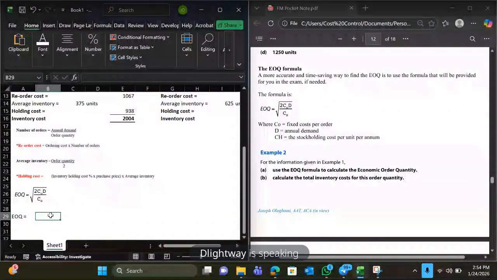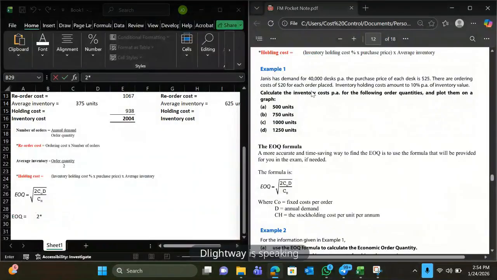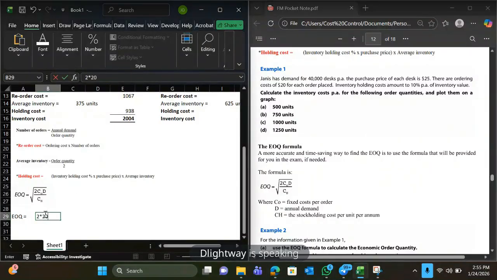So it's going to be 2 multiplied by your CO, that's your ordering cost per unit. Let's go back to the question. We're told that there are ordering costs of $20. So it's going to be 20 times D. D is our annual demand. It is 40,000.